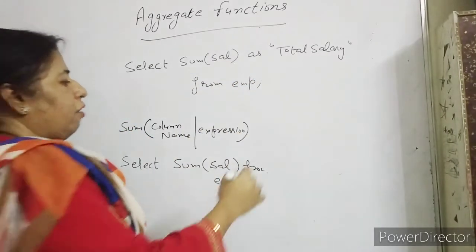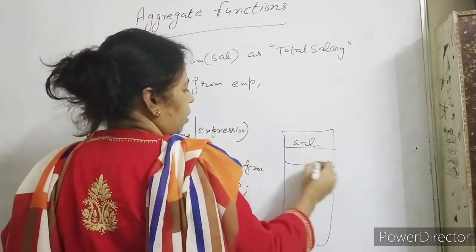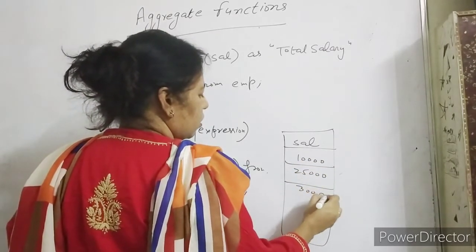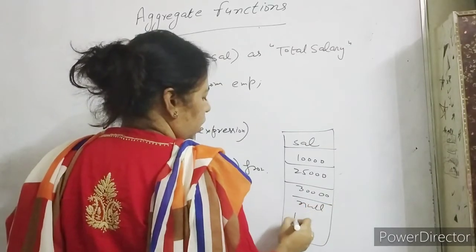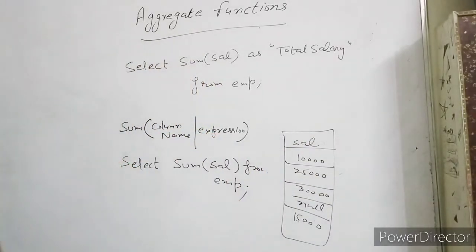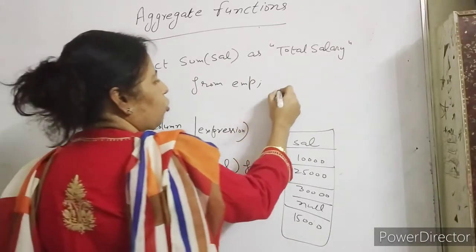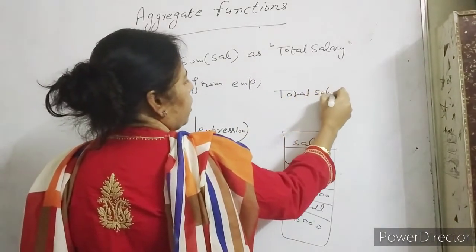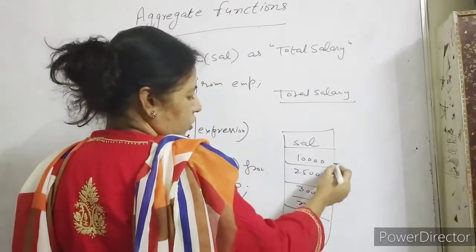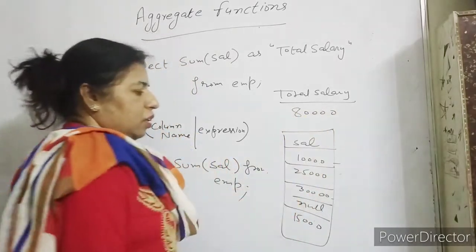Clear? Suppose there is a column salary in my table and I enter 10,000, 25,000, 30,000, null, and again 15,000. If I write sum(salary) as total_salary, you will get the output with the heading total_salary. Now total it: 10,000 plus 30,000 is 40,000, 40 plus 40, 80,000 you will get.